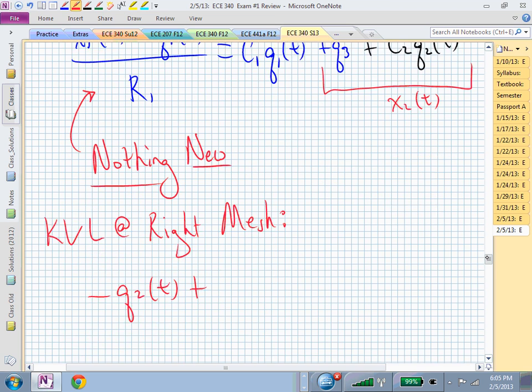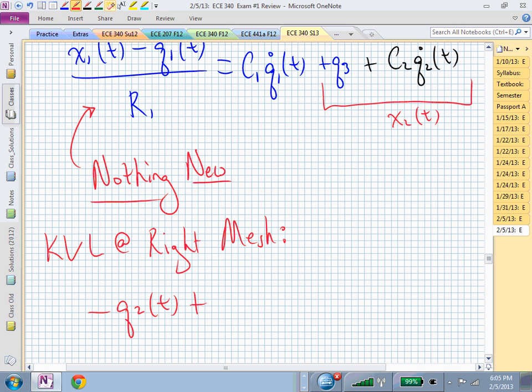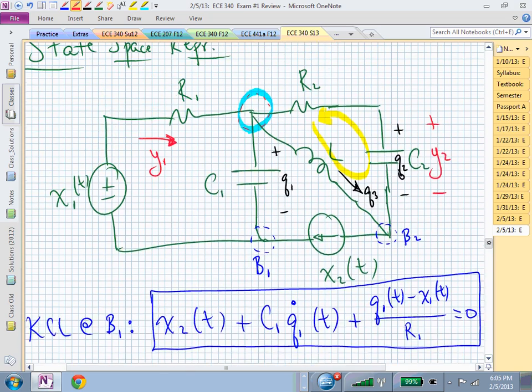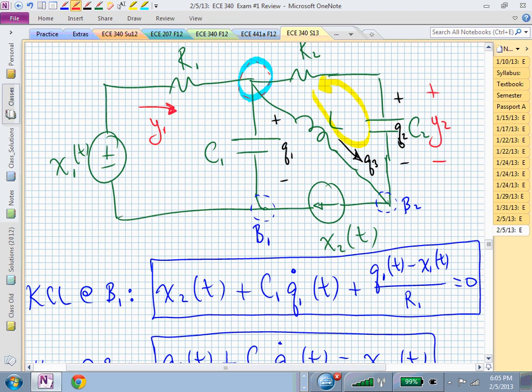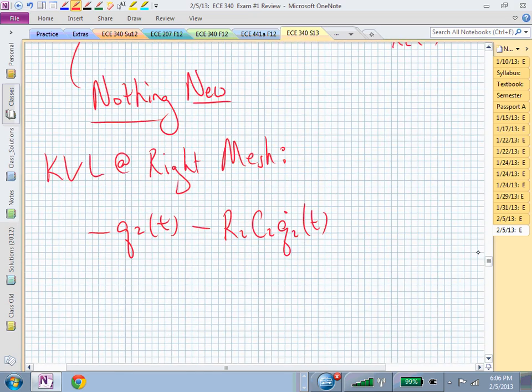So this is now minus R sub 2 C sub 2 Q sub 2 dot of t. And then we need to do plus L di dt, and that's Q sub 3. So we have plus L Q sub 3 dot of t is equal to 0.